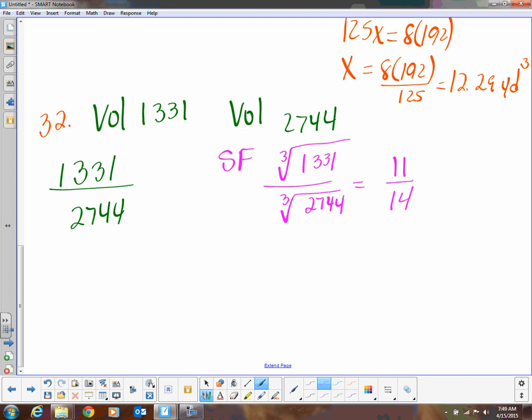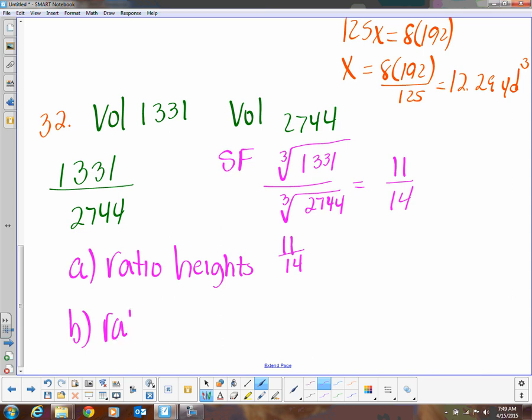All right, this is 32a. What is the ratio of their heights? Why didn't you square it? Why didn't you cube it? It didn't say what word? Volume.